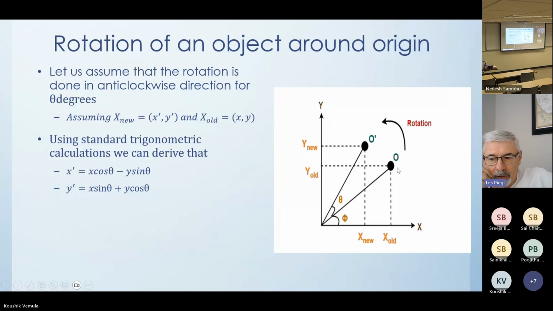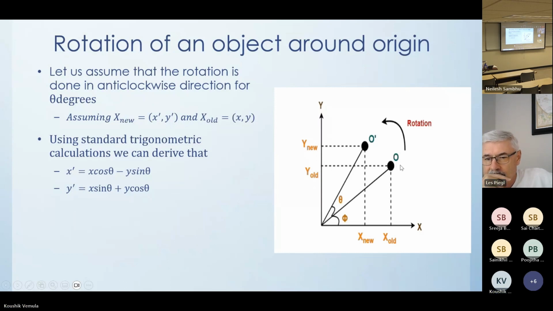Okay. So in floating point arithmetic, are you going to get the same point? I would suggest you try it at home, write the code, and see what kind of error you're going to get when you rotate it back. Are you saying we are rotating, let's say 30 degrees from O to O prime in counterclockwise direction, and rotating back 30 degrees in counterclockwise direction?